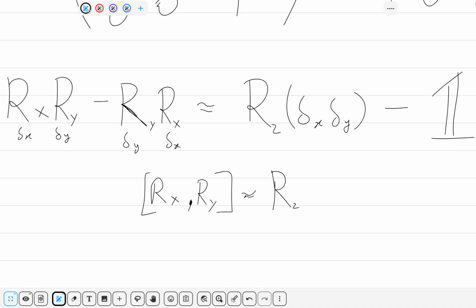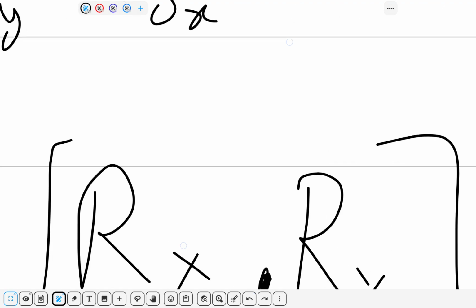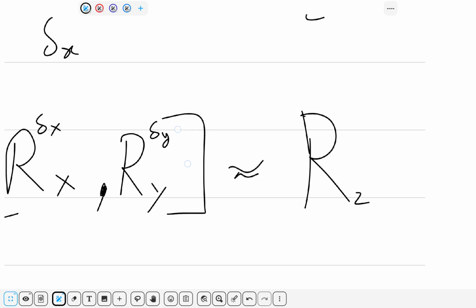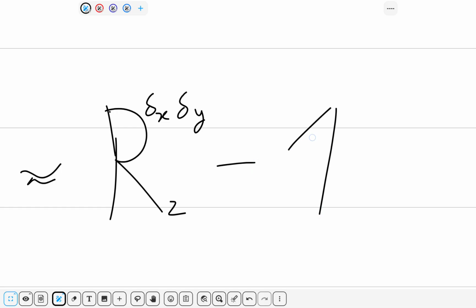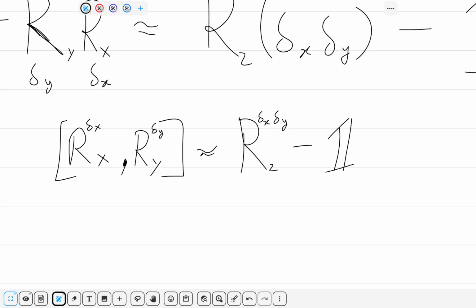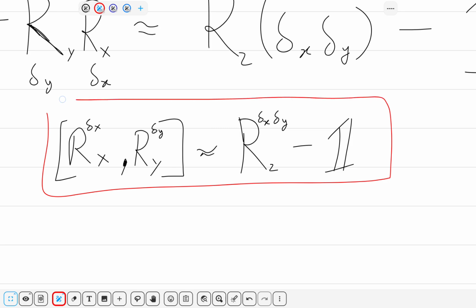Okay, I want to write it in a more compact form. Let me use this notation. The angle will be written on top of the letter. So rotation of x, rotation of y. This is the same as rotation of x, rotation of y, minus the identity. There is this structure here, and this is used a lot later.